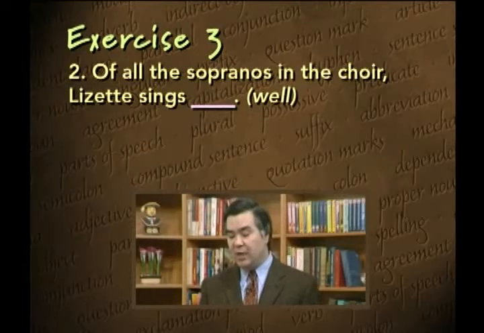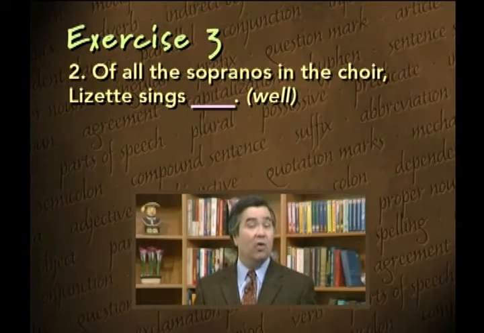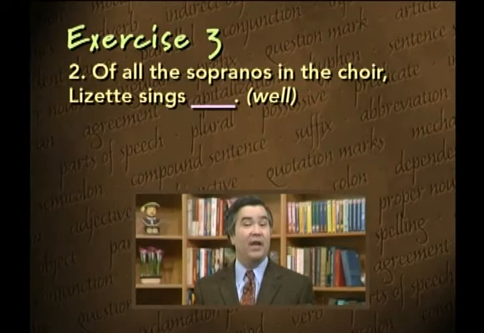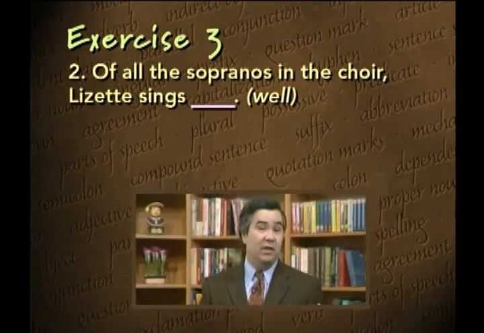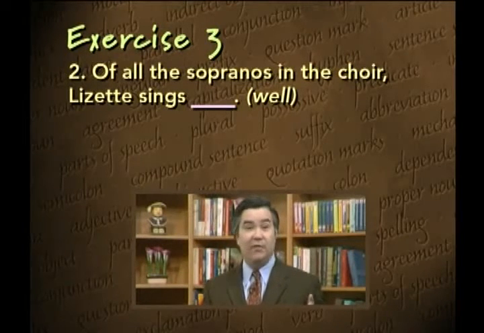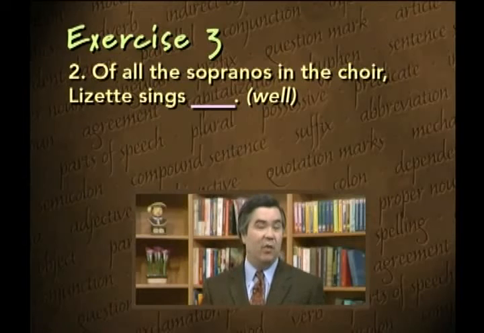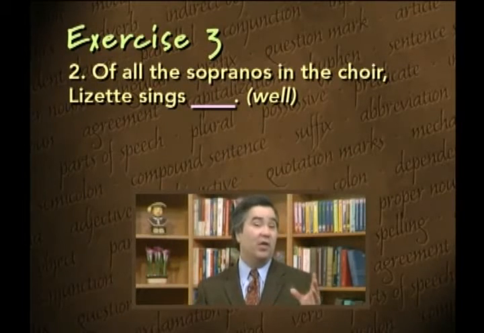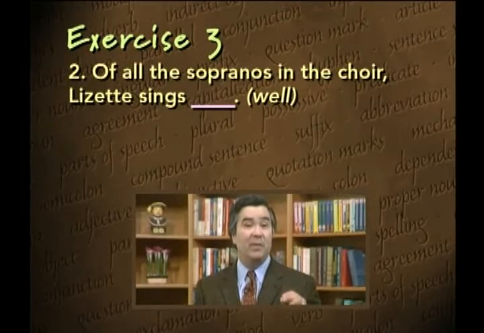The sentence reads, of all the sopranos in the choir. And in a normal choir, you would certainly have more than two sopranos. If there were only two, the sentence would probably read differently. It might say something like, of the two sopranos in the choir, or compared to the other soprano in the choir, something that would make it clear there's only two people involved.